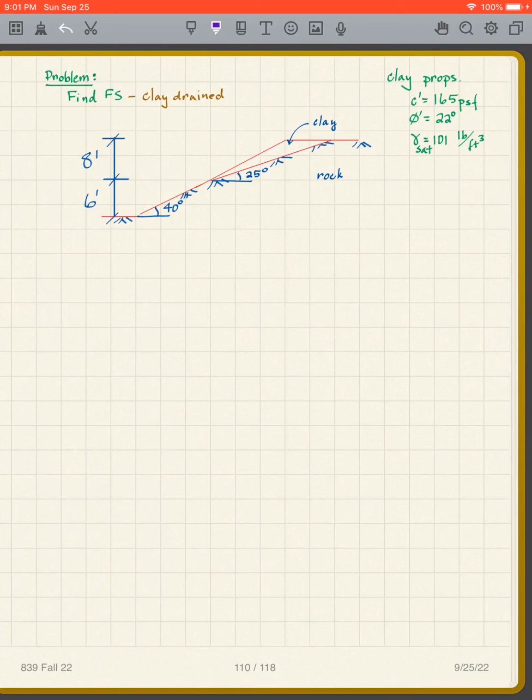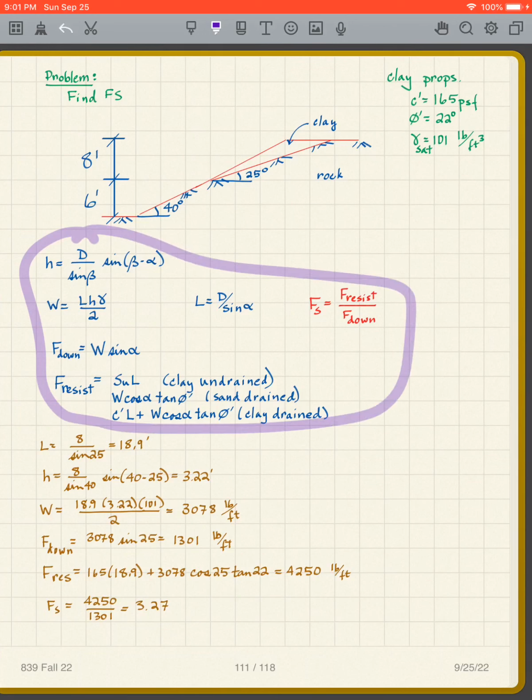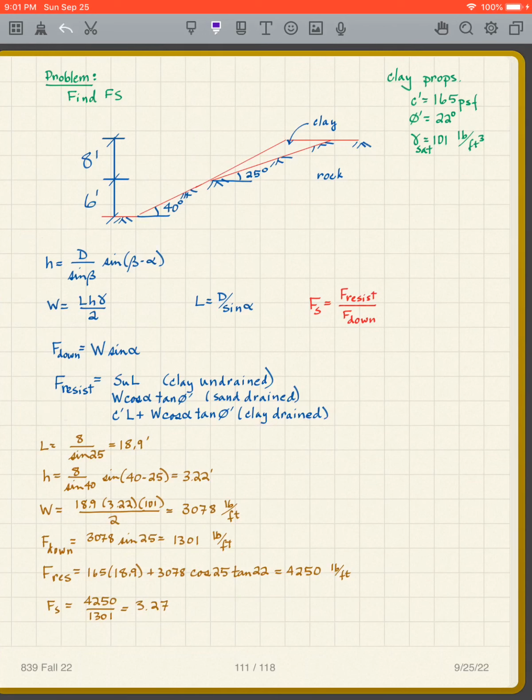Pause the video here. Okay, if we plug everything in, so we're using these equations, what do we get? Well, we get that L is equal to D over sine alpha, 18.9. We get H is this. We plug it in. We get 3.22 feet. We get the weight.